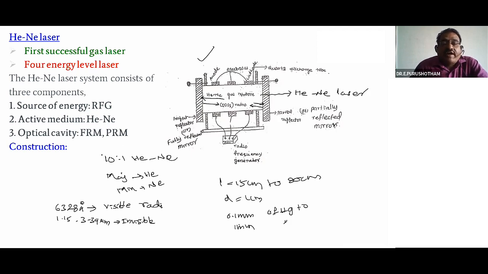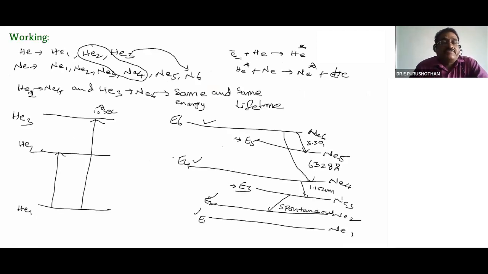In the 10:1 helium neon gas mixture, the majority atoms are helium atoms and the minority atoms are neon atoms.